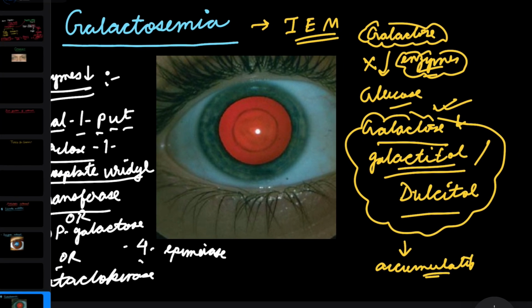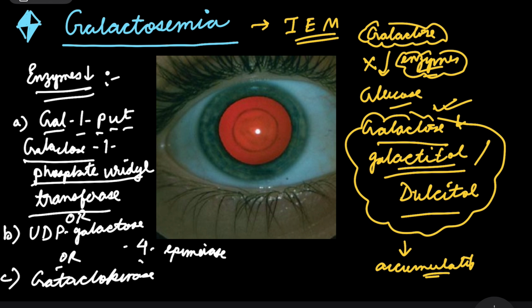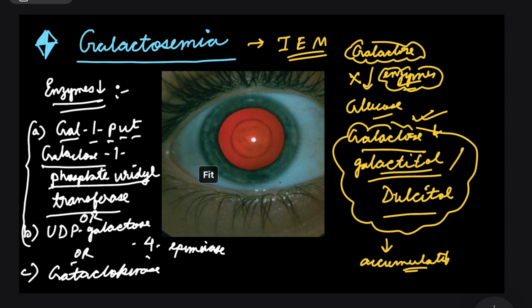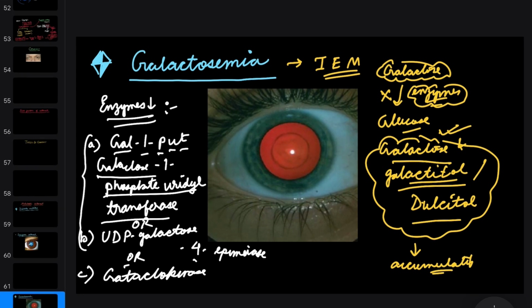So any one of these enzymes can be deficient and you will get galactosemia. But there is a classical difference over here. If either A or B is deficient, that is GALT or UDP galactose 4 epimerase, then we get what we call classical galactosemia. What does this mean?